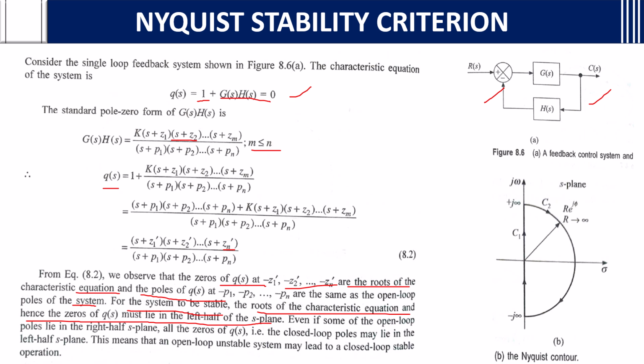This means that an open loop unstable system may lead to closed loop stable operation. See, this is a Nyquist contour for this feedback system.